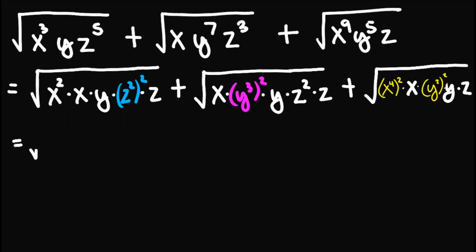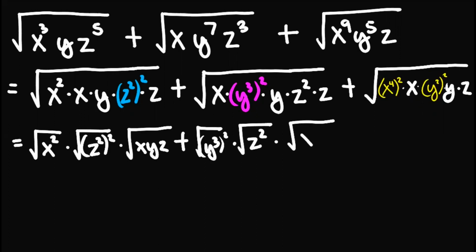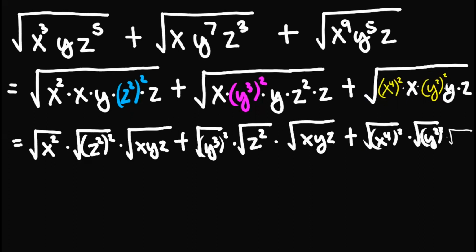So in the first, we'll have here the square root of x squared times the square root of z squared squared times square root of xyz plus the square root of y cubed squared times the square root of z squared times the square root of xyz, and the last one we have here square root of x raised to 4 squared times square root of y squared squared times square root of xyz.